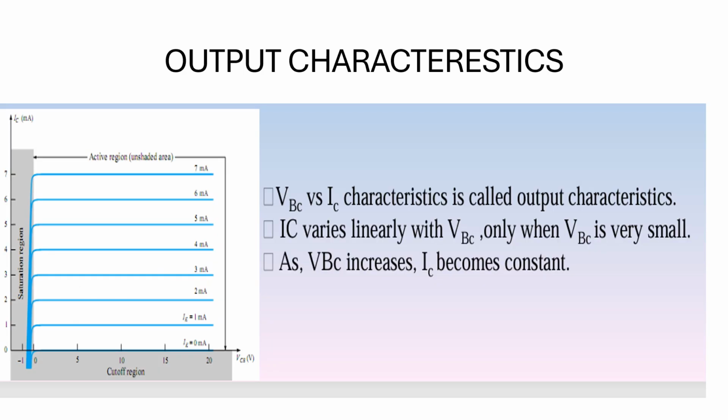Now the output characteristics. The output characteristic is the graph drawn between the output voltage and the output current, VCB versus IC, when input current is kept constant. Suppose IE is equal to 0 milliamperes.